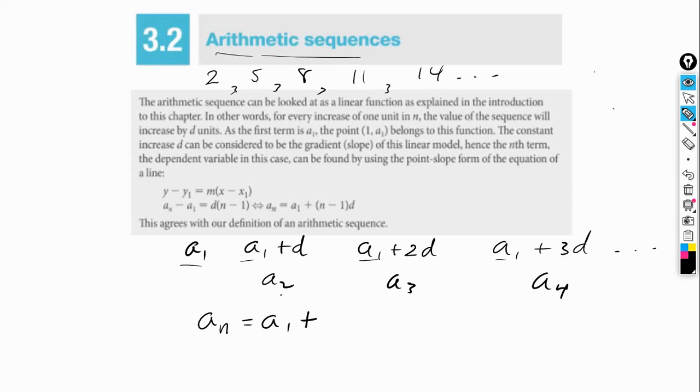Here the index is 2 and the number multiplying d is 1. Here the index is 3, the number multiplying d is 2. Here the index is 4, the number multiplying d is 3, and so forth. So that means it's the index minus 1, so n minus 1, times the common difference.